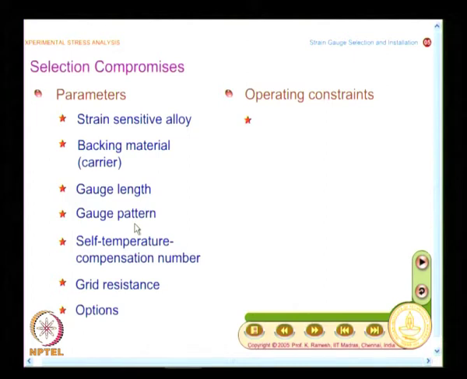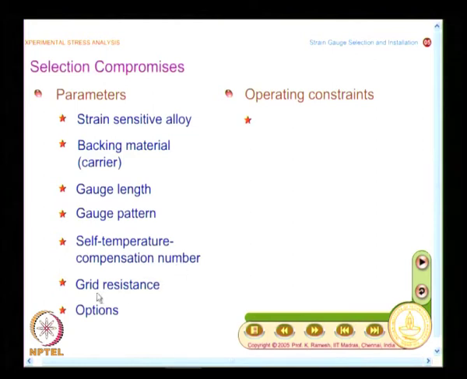And we have also said for small temperature variation, it is desirable that you go for self temperature compensation, and depending on the specimen material on which I am going to do the test, I need to select this number.